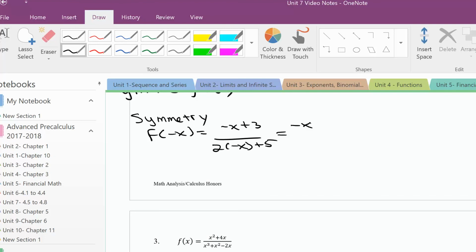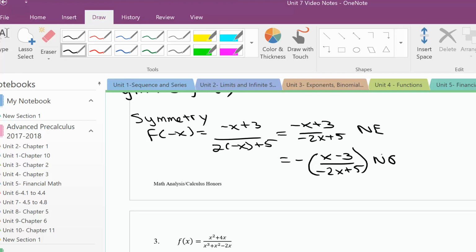So you get -x plus 3 over -2x plus 5. So it's not even. And then when you factor out the negative, so it's x minus 3 over -2x plus 5, it's not odd. So therefore there is no symmetry.